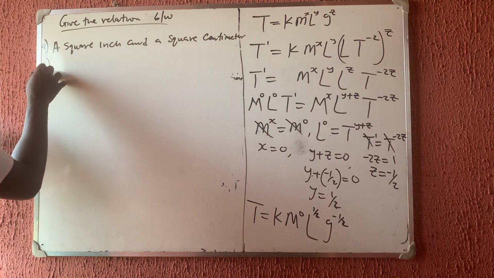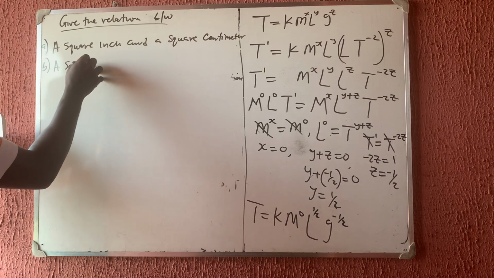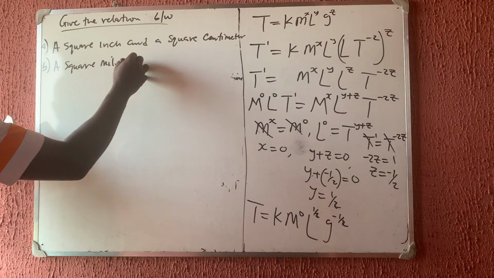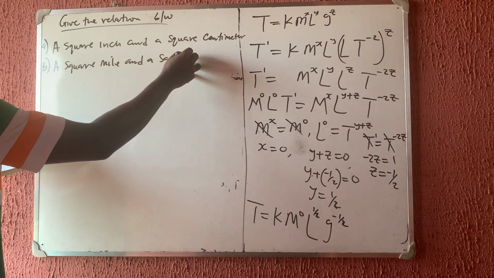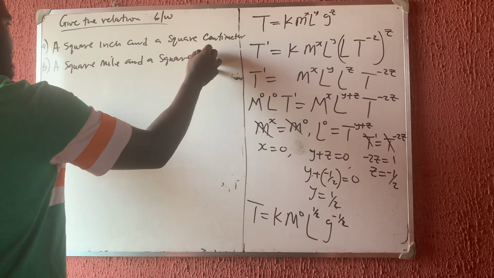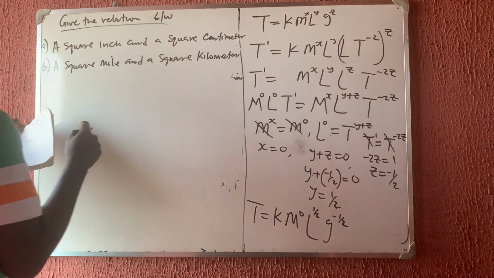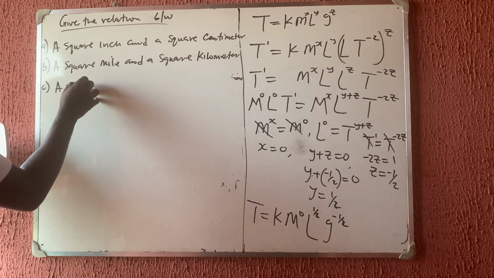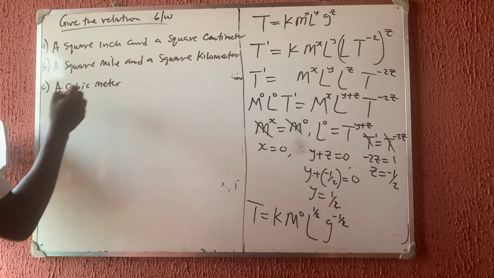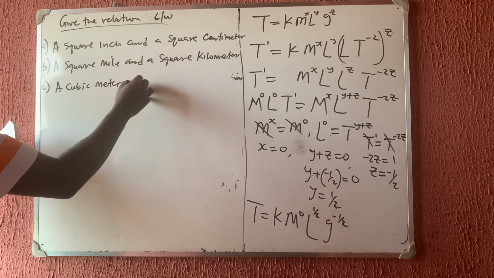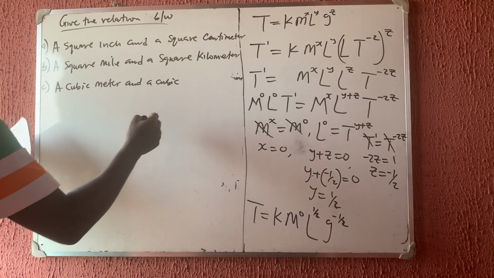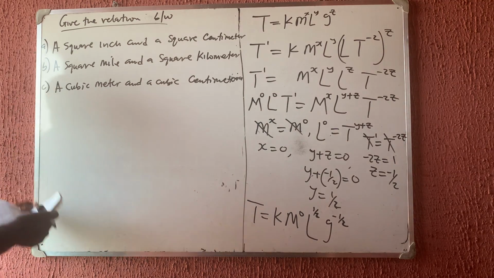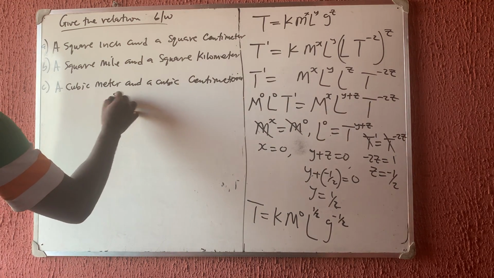B question said a square mile and a square kilometer. C question said a cubic meter and a cubic centimeter. Okay, so these are the three questions we want to look at.